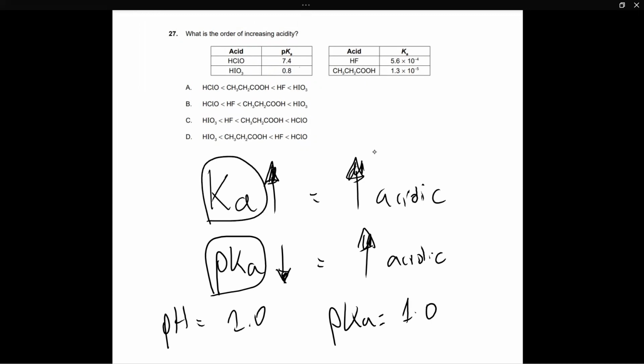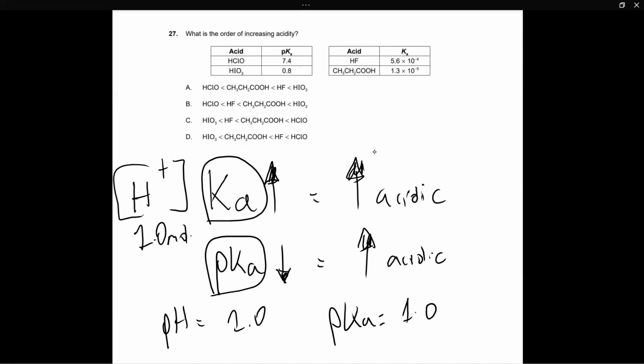On the other hand, Ka is more like the concentration of H plus. If I tell you the concentration of H plus in a particular substance is 1.0 moles, and the volume, of course, is very low, then you would probably believe that it is a very acidic substance. And Ka is similar to that.